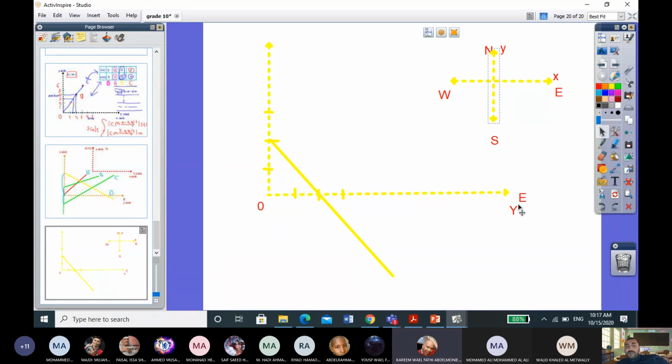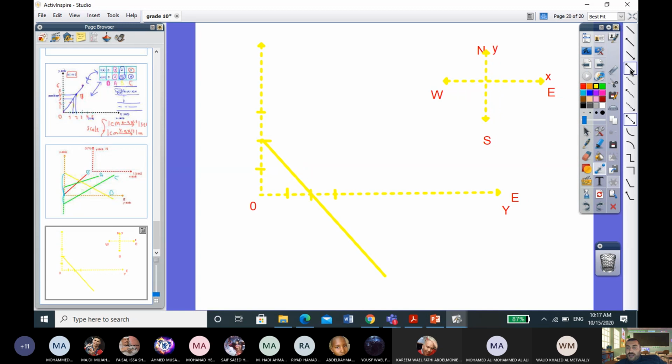Here. If my east is here, then my west will be where? So my east is here. Excellent. I will draw it now also in this way. So this is the east.